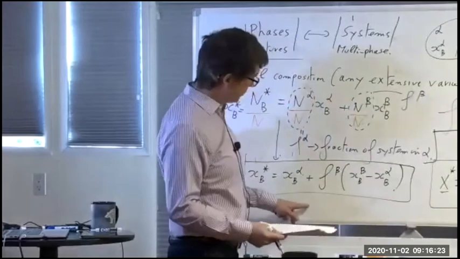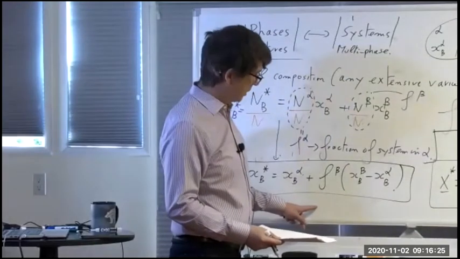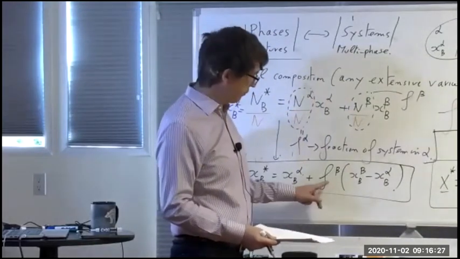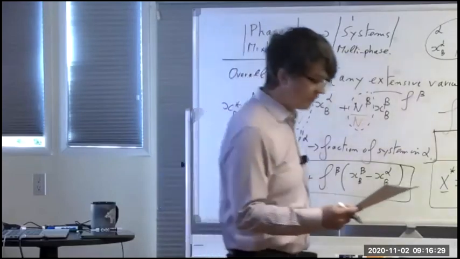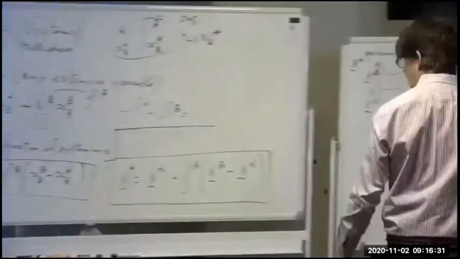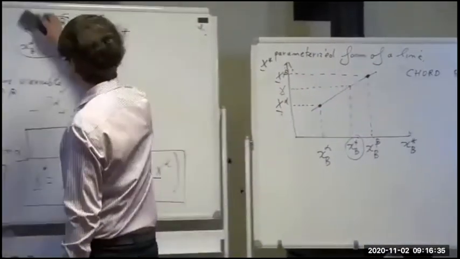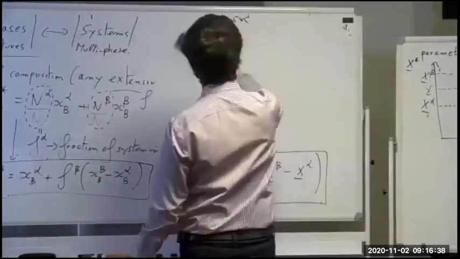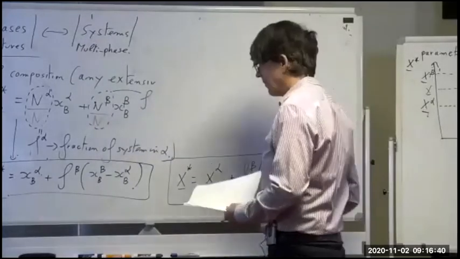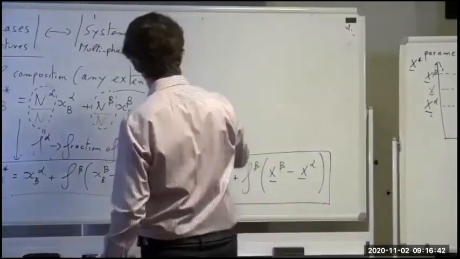When I take this equation, you can actually solve it for the fraction of beta, right? What do you get when you solve it for the fraction of beta? Something you've seen in kindergarten, right? Sorry, no, freshman something.